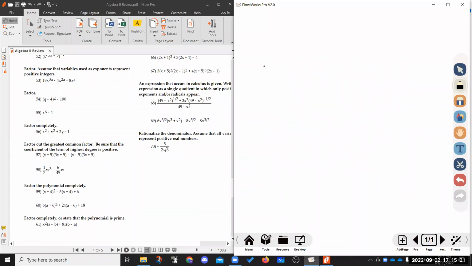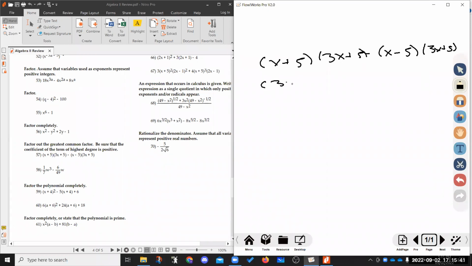Now we have instructions to factor out the greatest common factor. Be sure that the coefficient of the term of highest degree is positive. X plus 5 times 3x plus 5 minus x minus 5 times 3x plus 5.